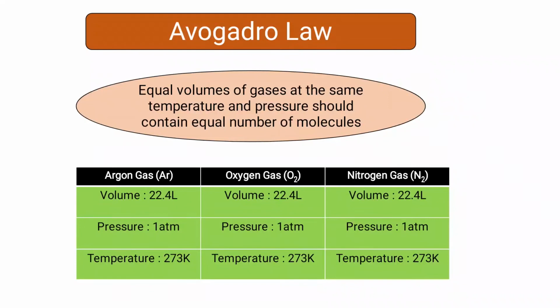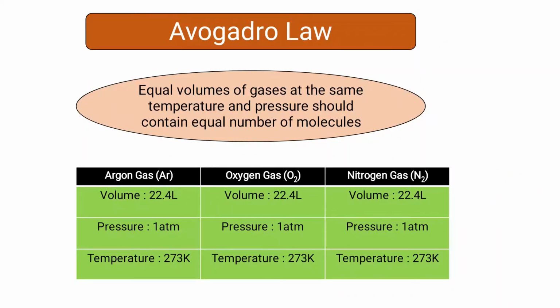I repeat, equal volumes of gases at the same temperature and same pressure will contain equal number of molecules. For example, I have taken 3 gases, that is argon, oxygen and nitrogen. The volume of the 3 gases is constant, that is 22.4 liter. Pressure is 1 atmosphere, whereas temperature is 273 Kelvin for all these 3 gases.